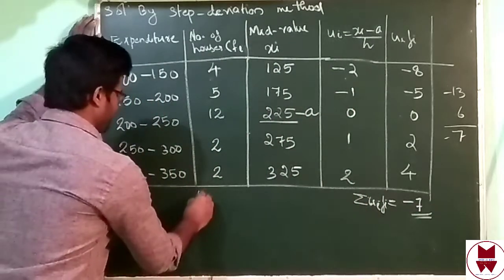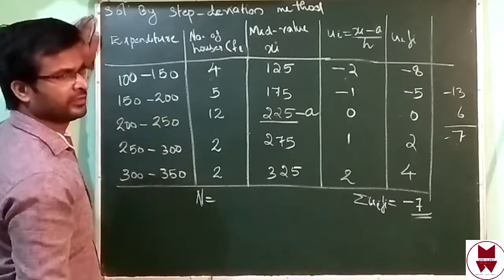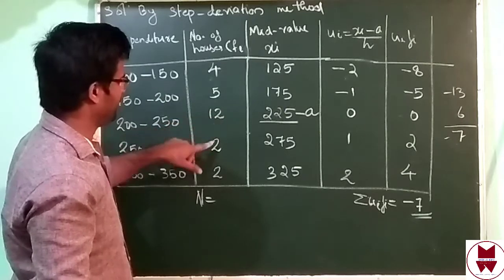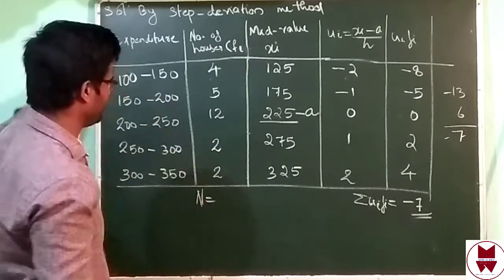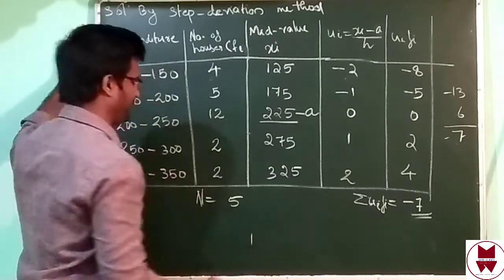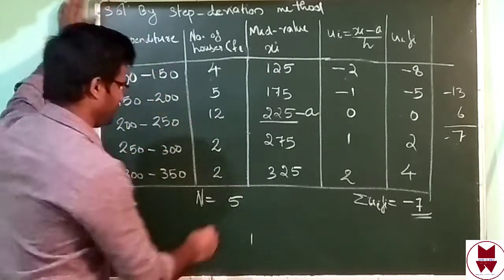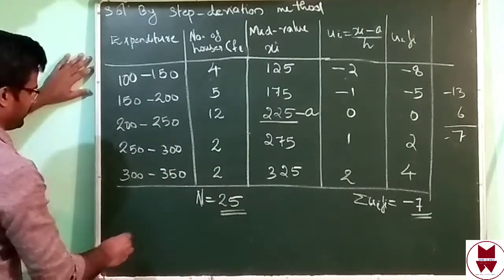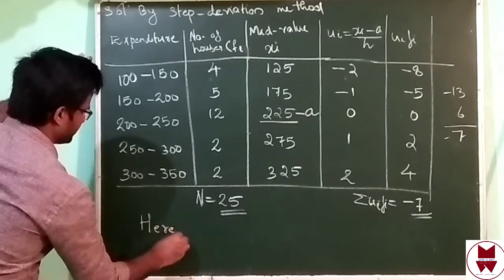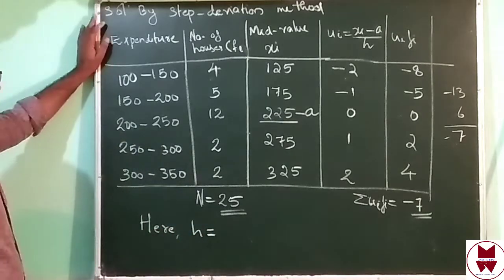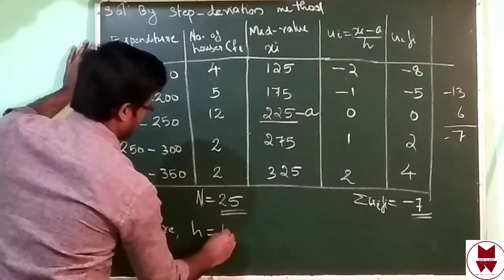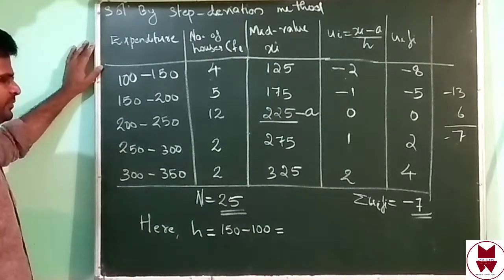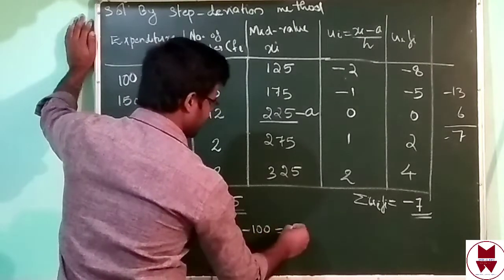What is n? N means sum of frequency. 4 plus 5, 9. 9 plus 2, 11. 11 plus 2, 13. 13 plus 2, 15. Remainder 1. Then 1 plus 1, 2. N will be 25. Now we can write here h equal to class width, 150 minus 100, you will get 50.